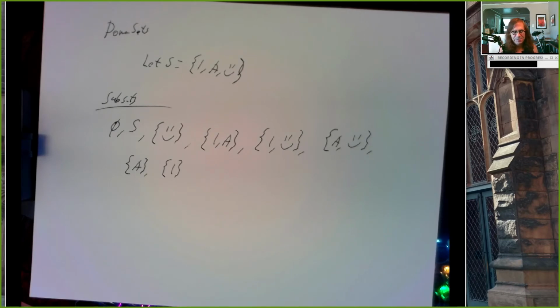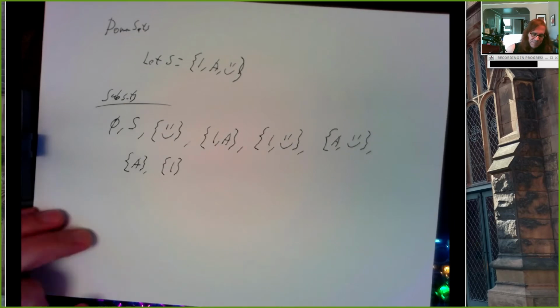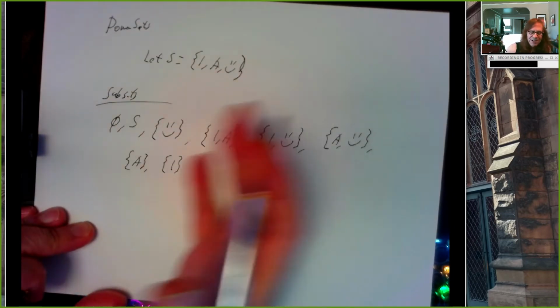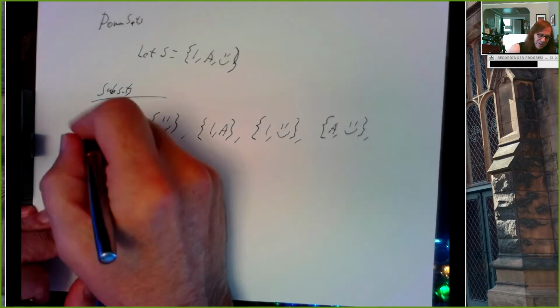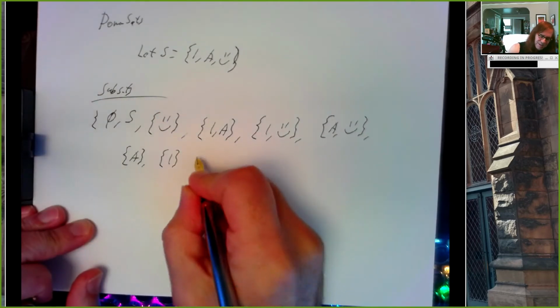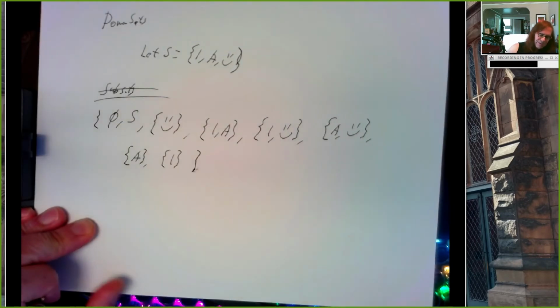Power sets are just the set of all subsets of a set. Yep. So if you write down all of the subsets, and you put those inside another set, that's called the power set.